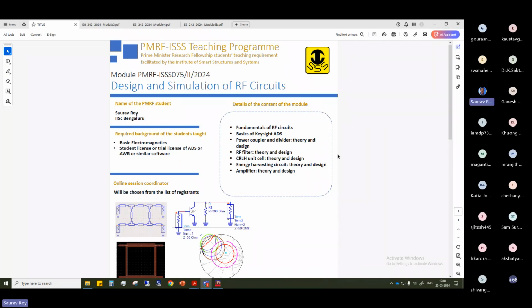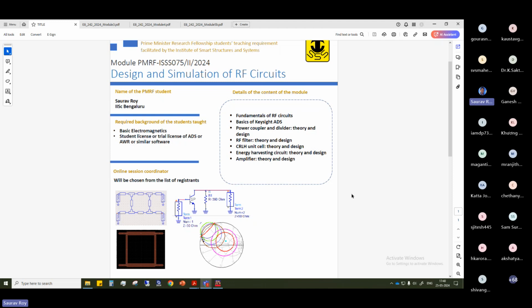Initially it will be a very easy circuit like a coupler or power divider, which can be done within 1 or 2 days. I will show you hands-on in ADS, and you can go through that and then do it yourself. If you do it yourself, only then will you learn design. Otherwise, just by reading a book, you will never know design. It's like learning swimming by watching a YouTube video.